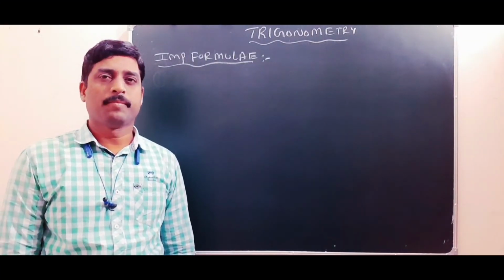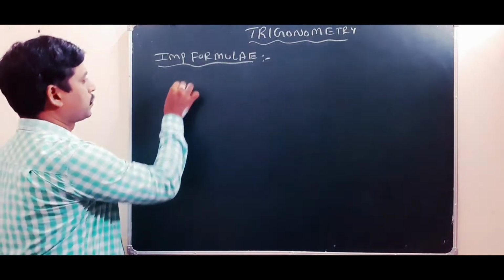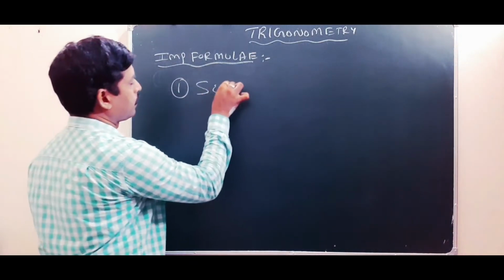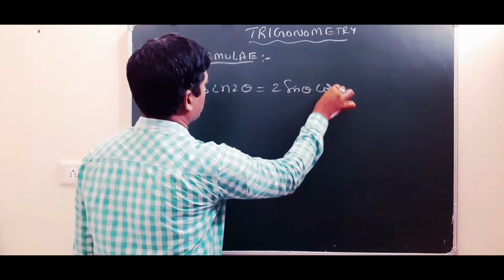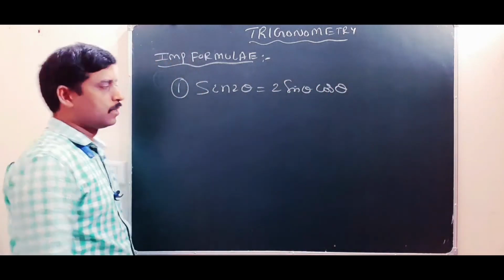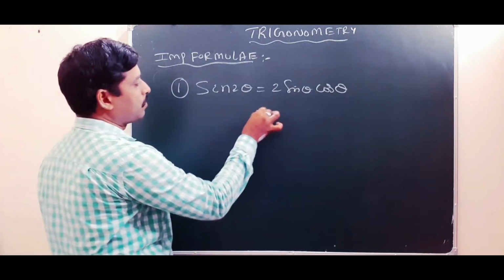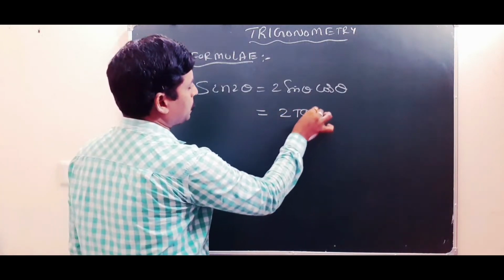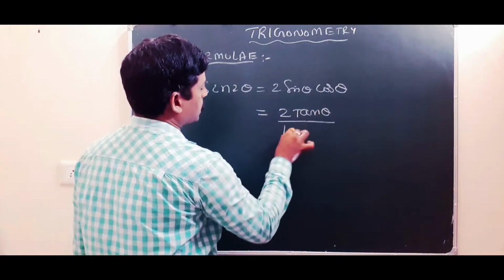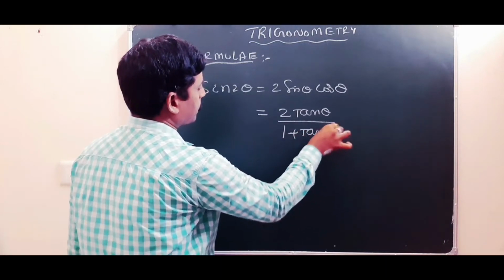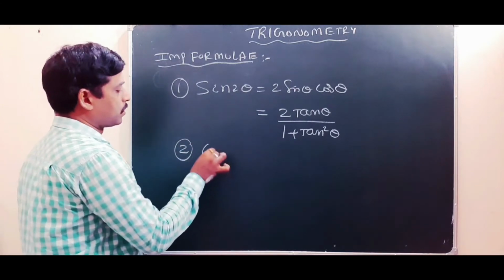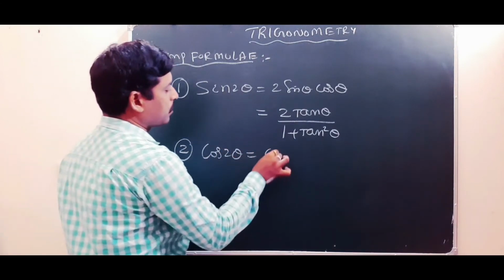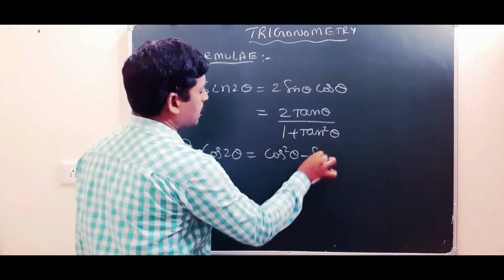Okay, now explain important formulas. First one, sin 2 theta. Sin 2 theta is equal to 2 sin theta cos theta. In terms of tangent, sin 2 theta is 2 tan theta by 1 plus tan square theta. Next, cos 2 theta. Cos 2 theta formula is cos square theta minus sin square theta.